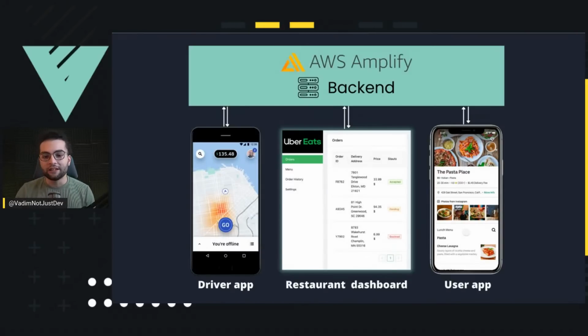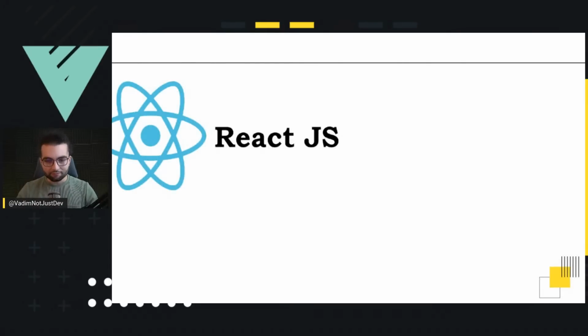This dashboard is specifically intended for restaurants to manage their menu and also manage their orders, to be able to see new orders, to accept orders, and move them from one status to another until it is delivered to the end user. So I decided to give you a little overview of the whole project.